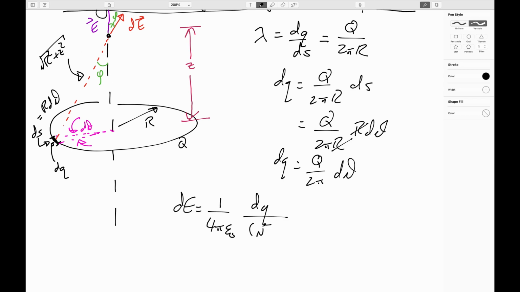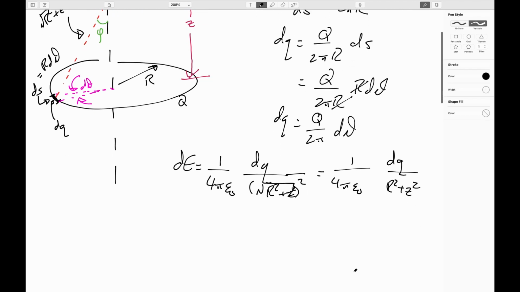So this will be root r squared plus z squared, squared, or 1 over 4 pi epsilon naught dq over r squared plus z squared.